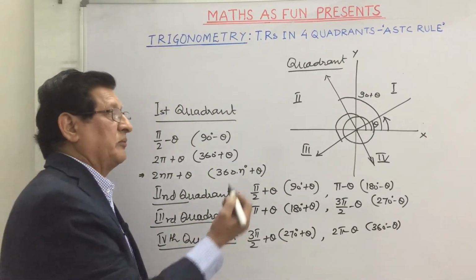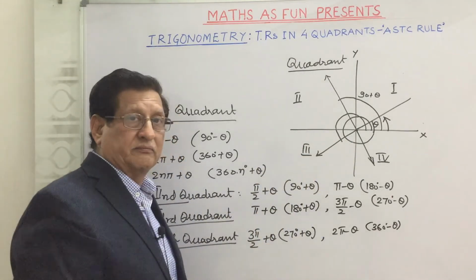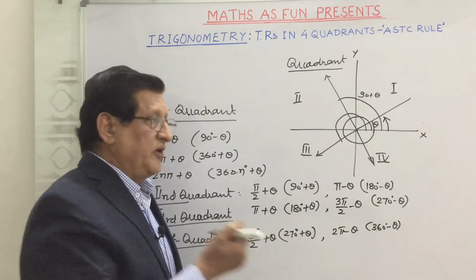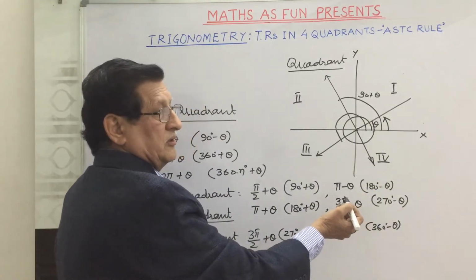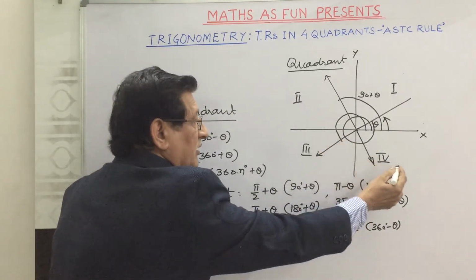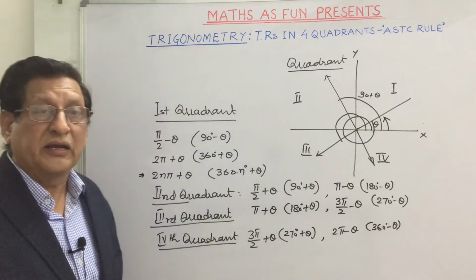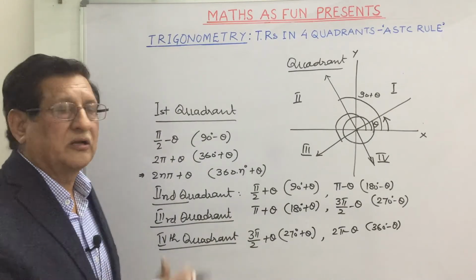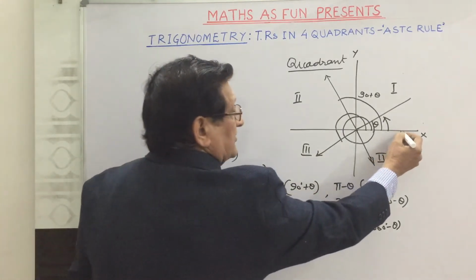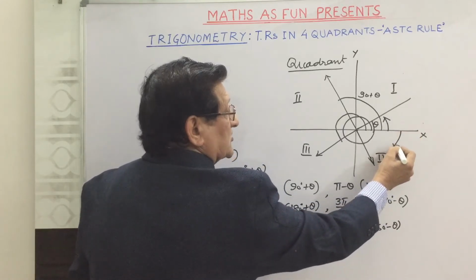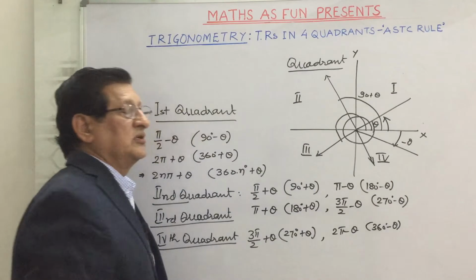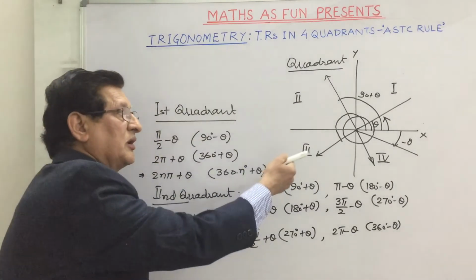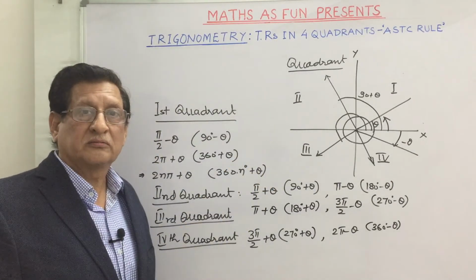Now we talk about the negative angle. If we move in the clockwise direction, then the revolving line makes a negative angle, and if that particular angle is made by this revolving line in the negative direction, minus theta, then also we can say it lies in the fourth quadrant.